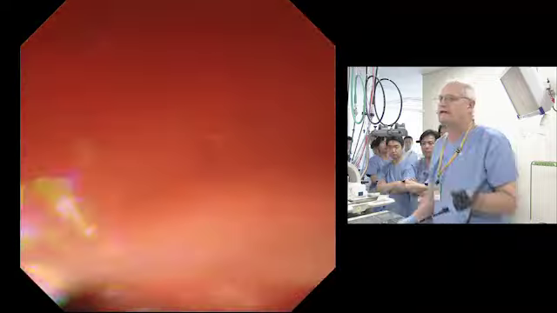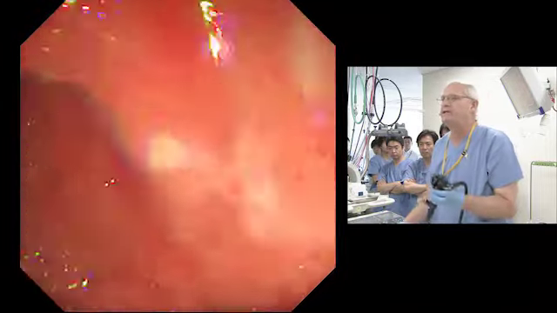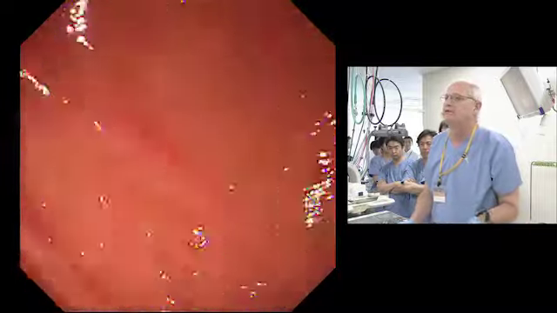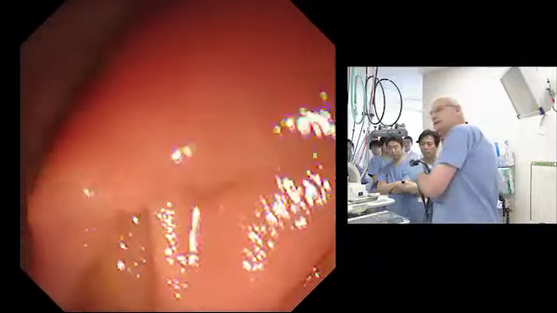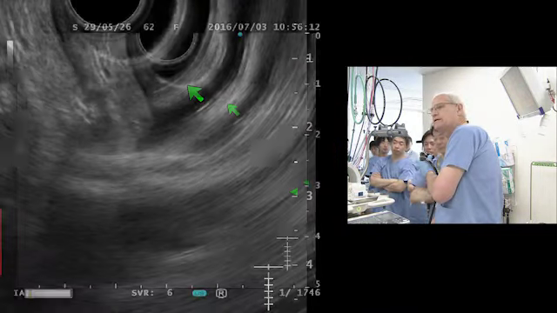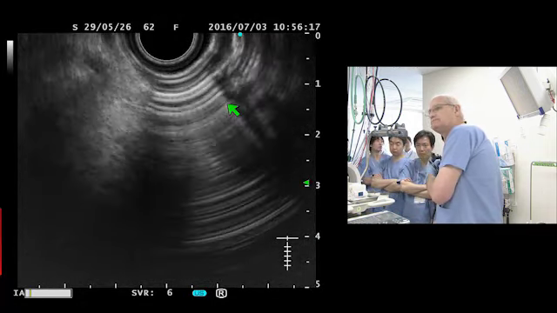You don't always get the exact imaging that you want all the time, and you have to repeat a particular maneuver. So that's what I will do here. Get back into the second portion of the duodenum, right on your right, left, pull back, find the papilla, and redo the maneuver. So up on your up, down, kiss the papilla, and then go back to the ultrasound. And then I will try this maneuver again.